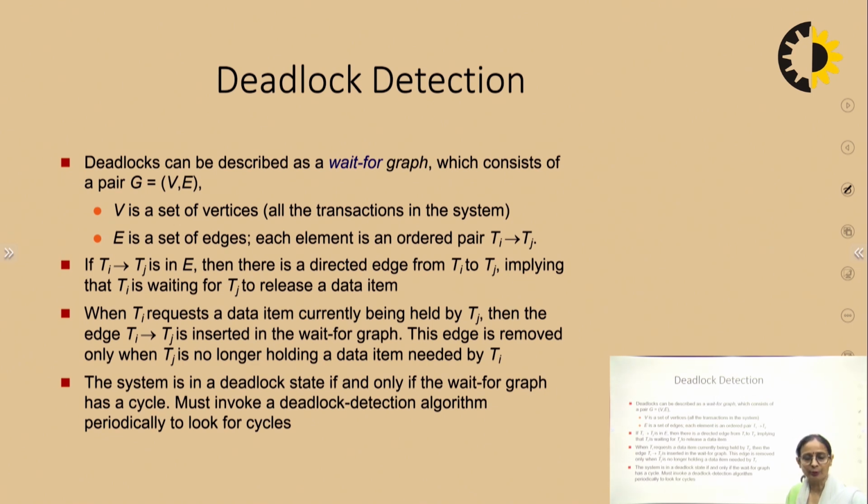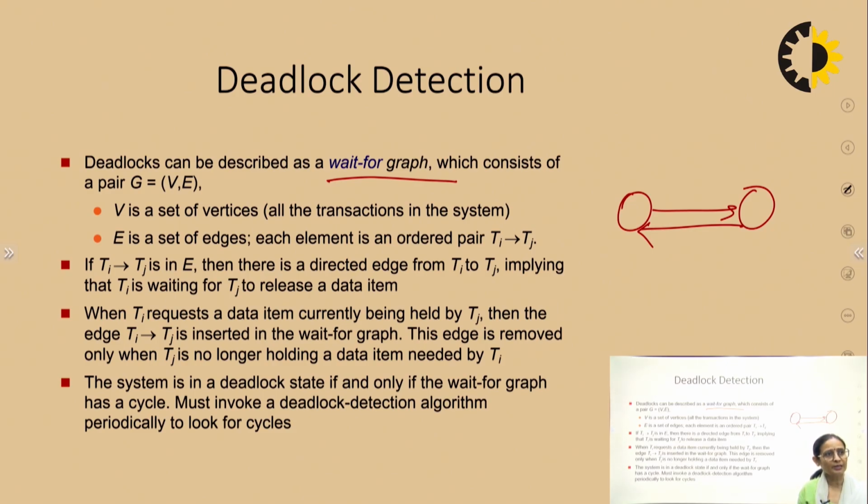Another set of protocols is the deadlock detection protocol. In the deadlock detection protocol, we use the wait-for graph. As we are aware, in a graph we have vertices and edges, so we have a set of vertices and a set of edges.